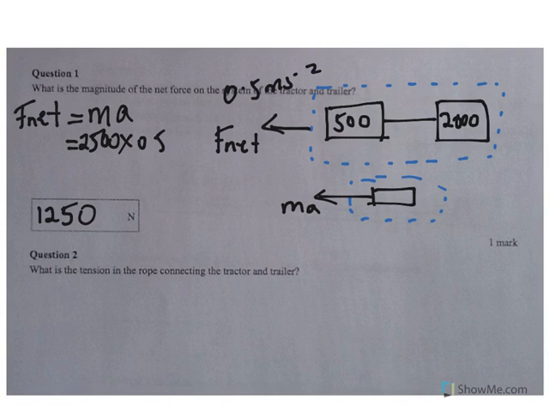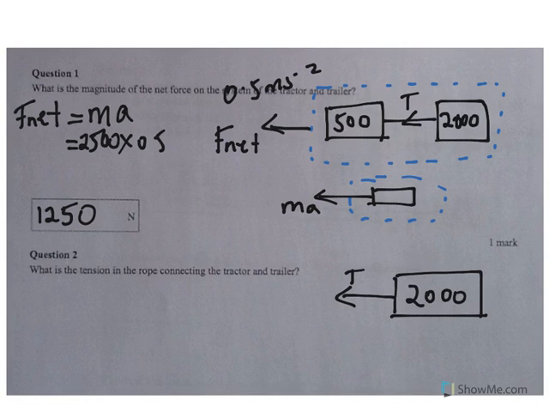Now we're looking at the tension in the rope, which is here. What we can do is just focus on the trailer. So we have this 2,000 kilogram trailer, and there's a tension applied to it. So the net force, and in this case we're not using the net force on the system but just on the trailer. The only force on the trailer really is the tension in the rope.